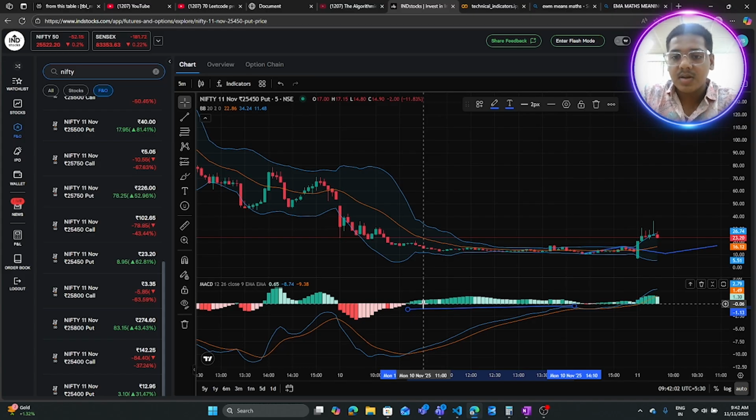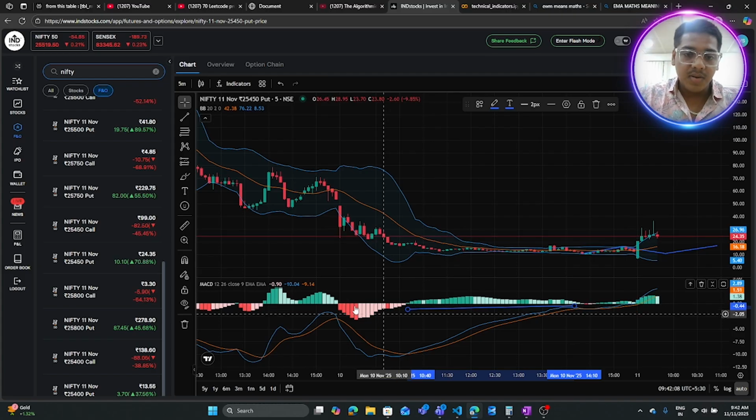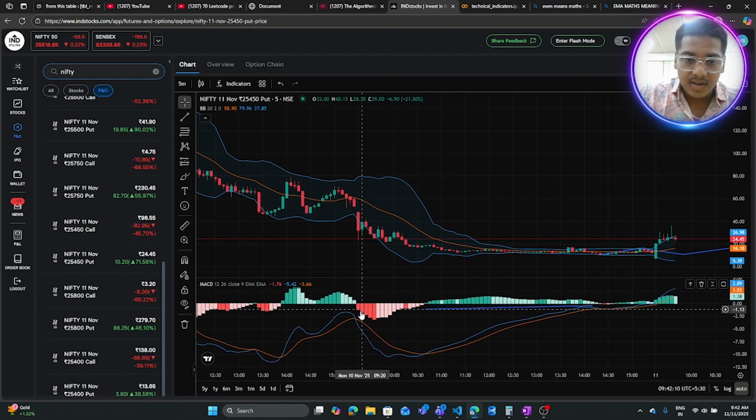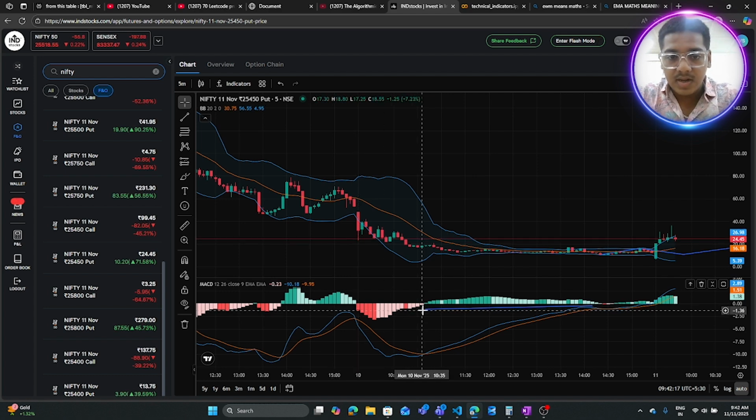The histogram color is green. It means the investors have added money here. But from November 10 we find there is a sudden drop, so investors have removed their money.